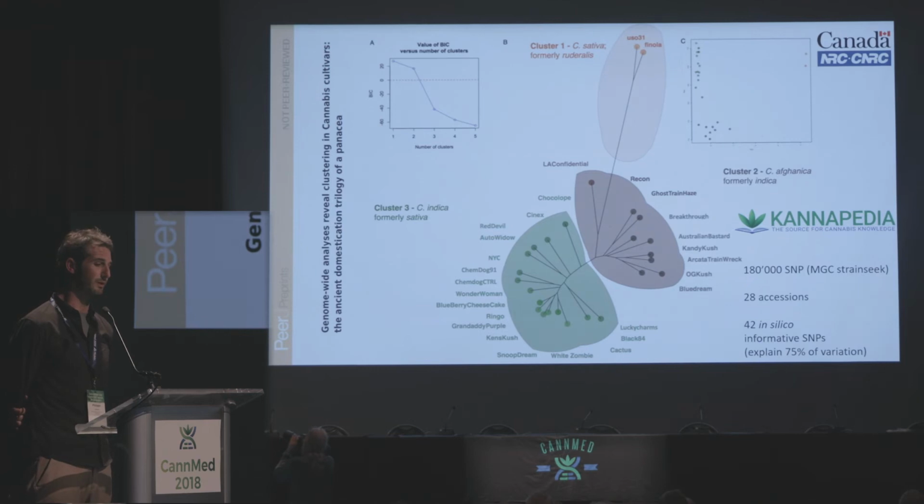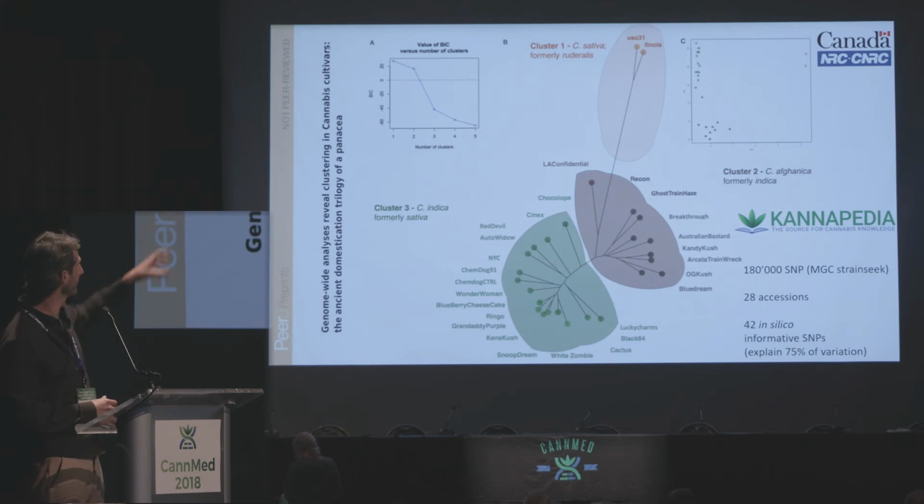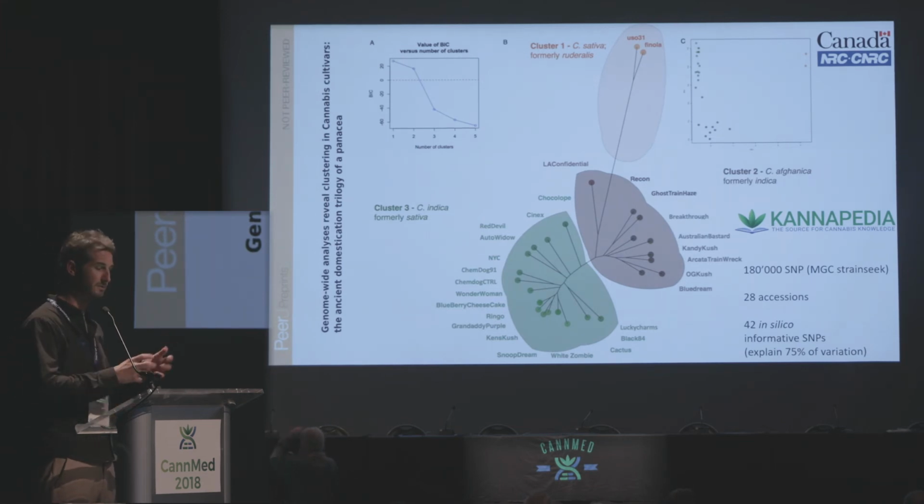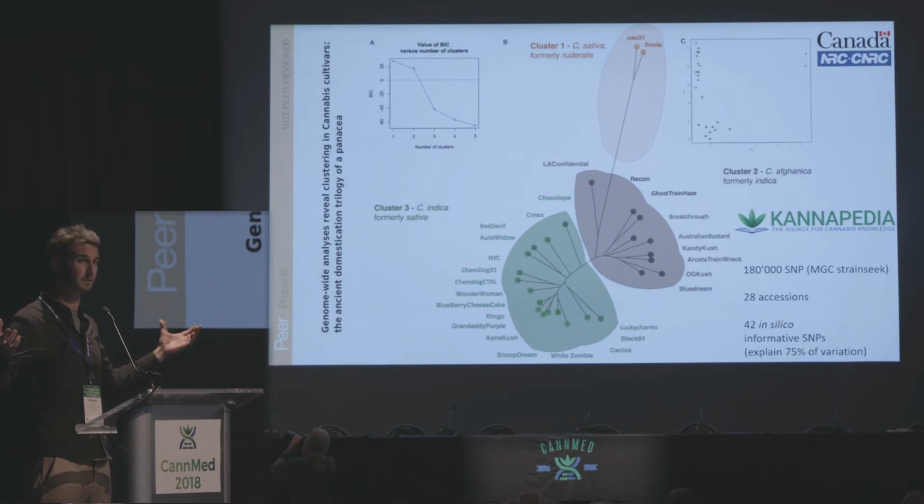Essentially what I do is use statistical approaches to decipher genomics and make it a little bit more approachable and maybe fast track some of these developments as we're talking about marker-assisted selection. So here you see that clustering, like we said, we've got Phenol out there, hemp, and then the drug type cannabis that have some kind of a structure. But again, this is done with 28 accessions, starting with a data set of 180,000 SNPs.